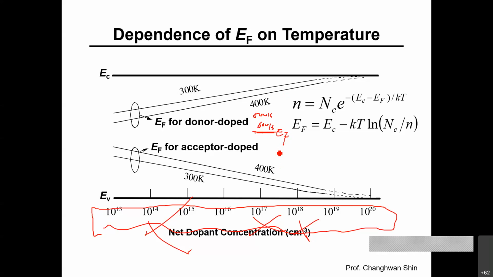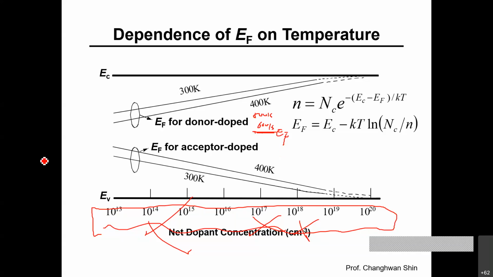Even though it is doped with many donors and acceptors, the role of donors and acceptors has been lost. In other words, the silicon material has become intrinsic. It was extrinsic. It was doped. That's true. But at this very high temperature, such as 600 Kelvin, 500 Kelvin, the doped silicon material has become intrinsic, so that the Fermi energy level for the silicon material is located in the middle of the band gap.